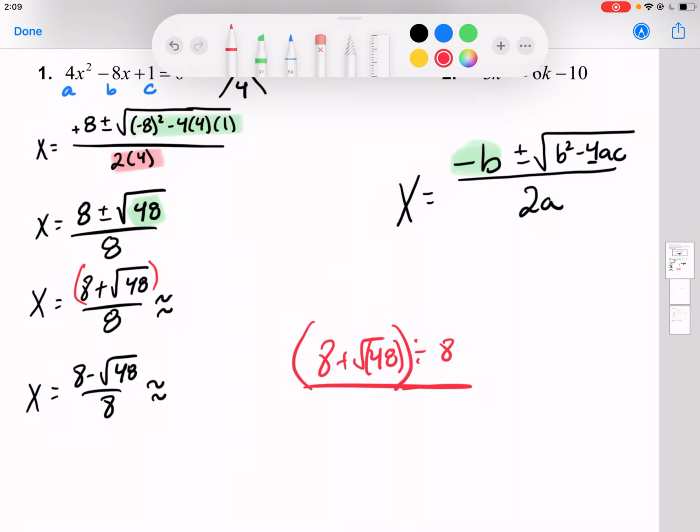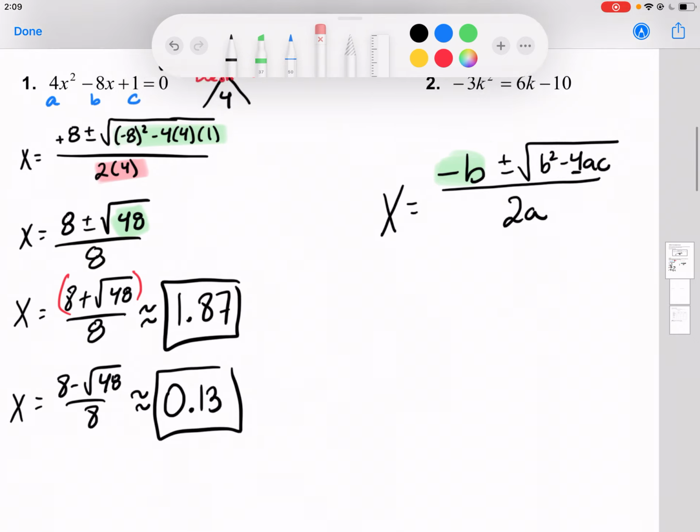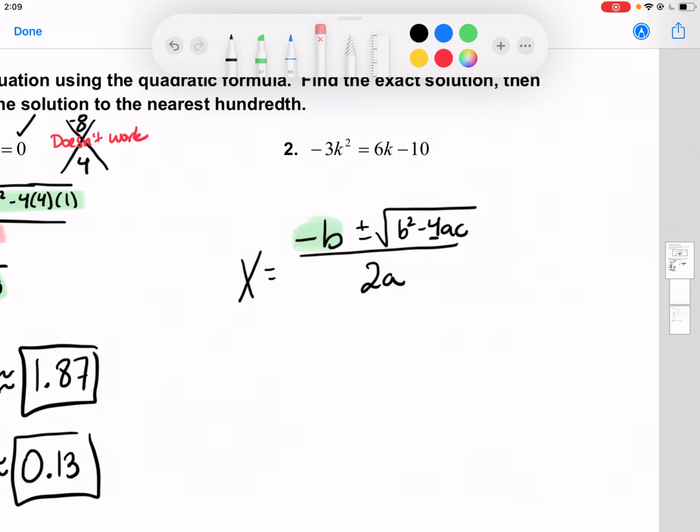I did the minus one first, so we got 0.13 for that one. And then I'll just switch that minus sign to a plus sign, and I get approximately 1.87. Okay. So the hardest part is just making sure you know how to plug it in the calculator.